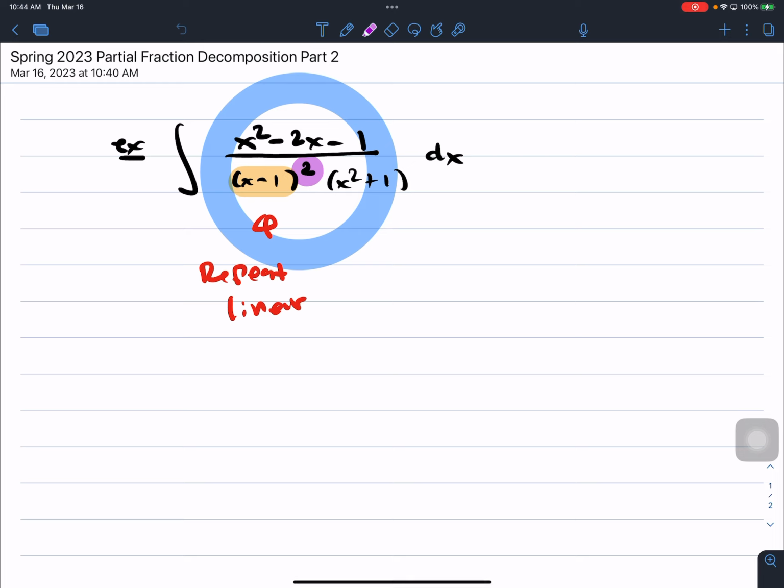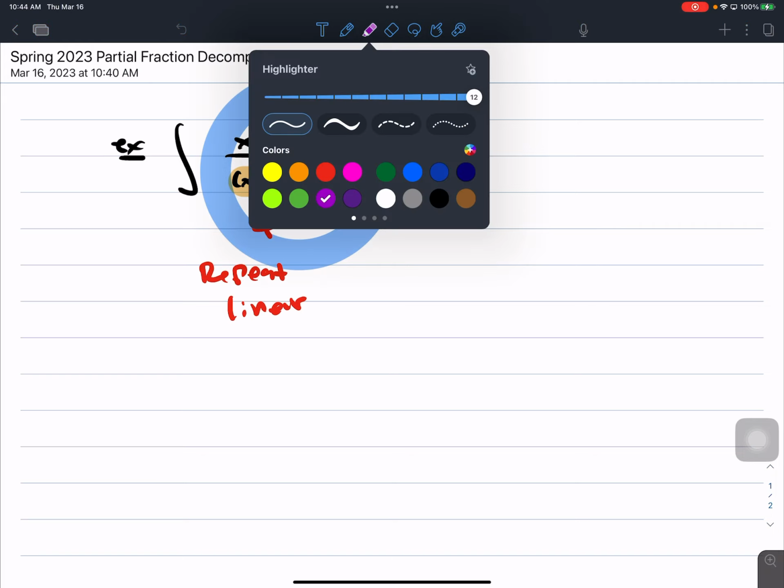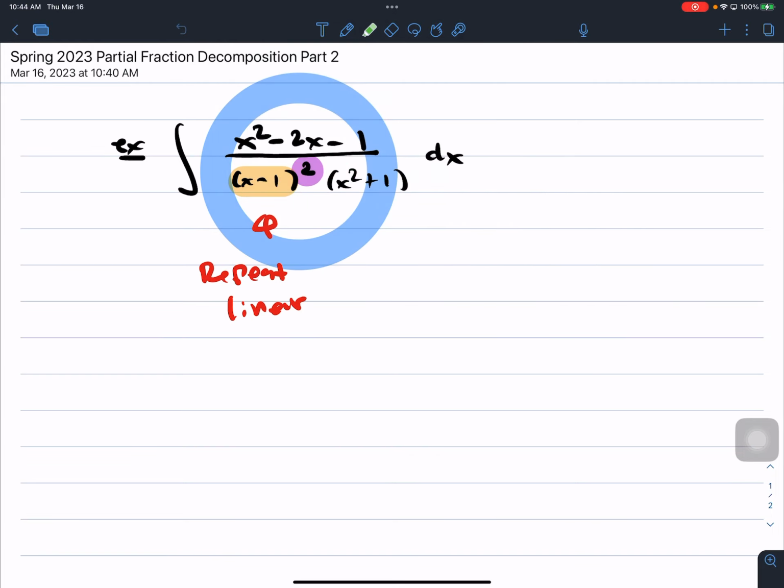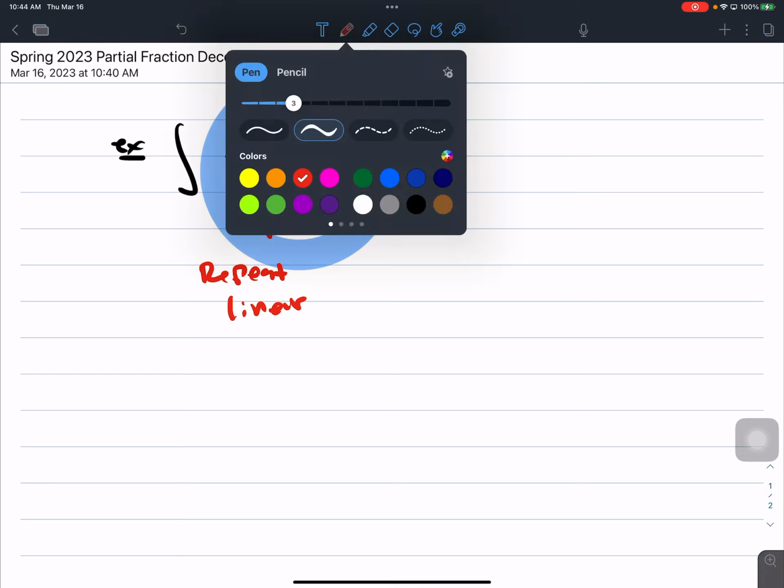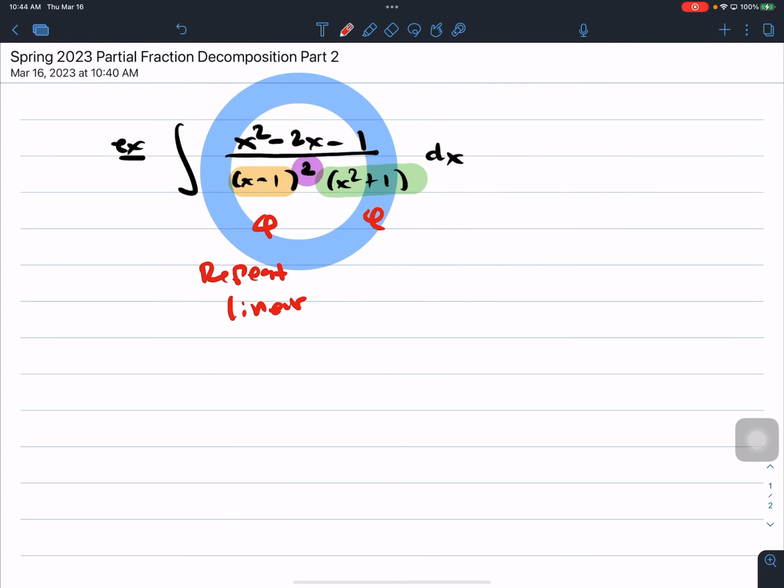This, what would you guys call this? A quadratic.